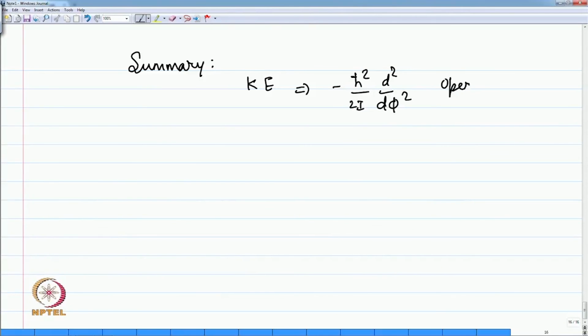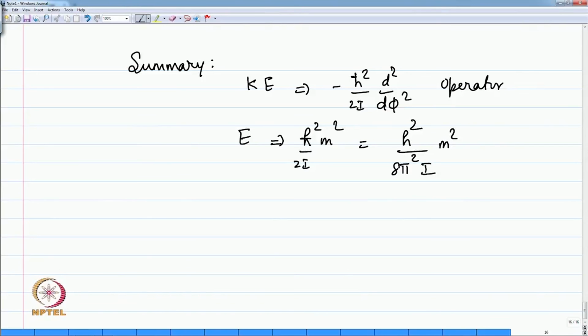Operator, kinetic energy operator. Energy is h bar square m square by 2I, which if you have to write, it's h square by 8 pi square I m square. M is 0, 1, 2, 3, etc.